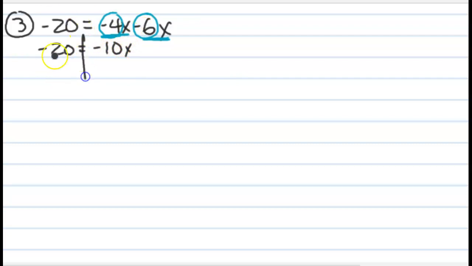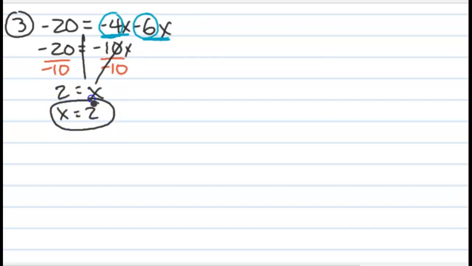Now I can go into my solving, and I just have one step left here, which is to divide by negative 10, and I get 2. Positive 2, and I can always flip that around to put x on the left if that's what I prefer. It is fine to leave it in this way also.